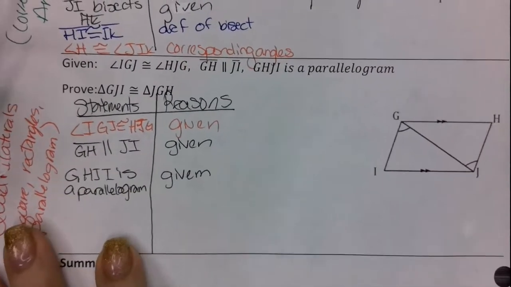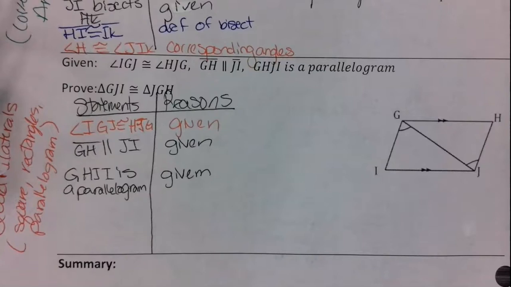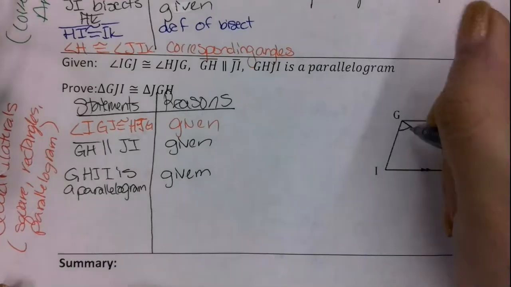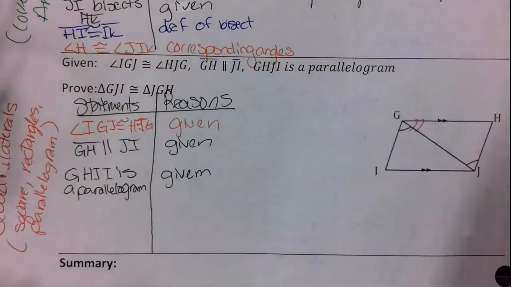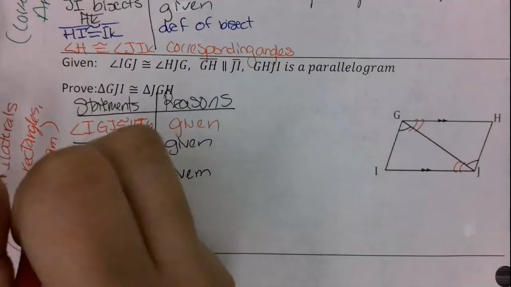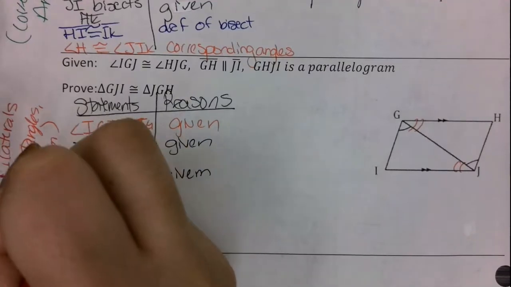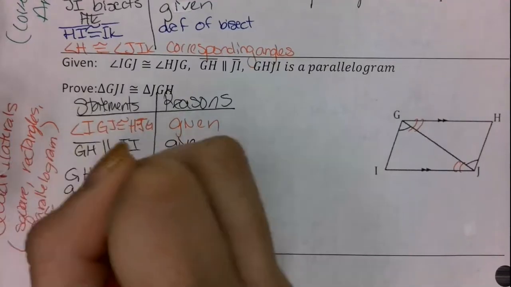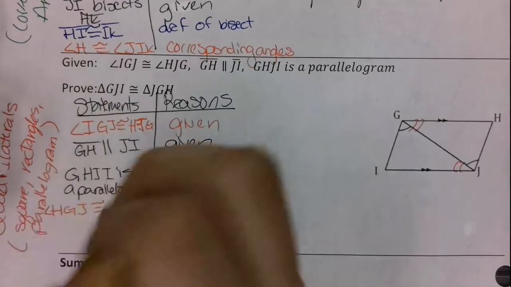So what kinds of things do I know about this picture that I haven't already said? I know that HGJ and IJG are congruent.